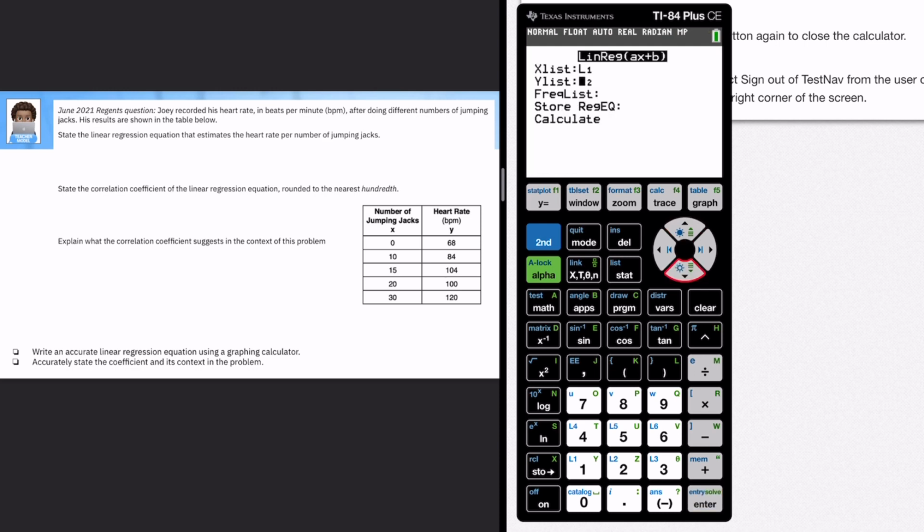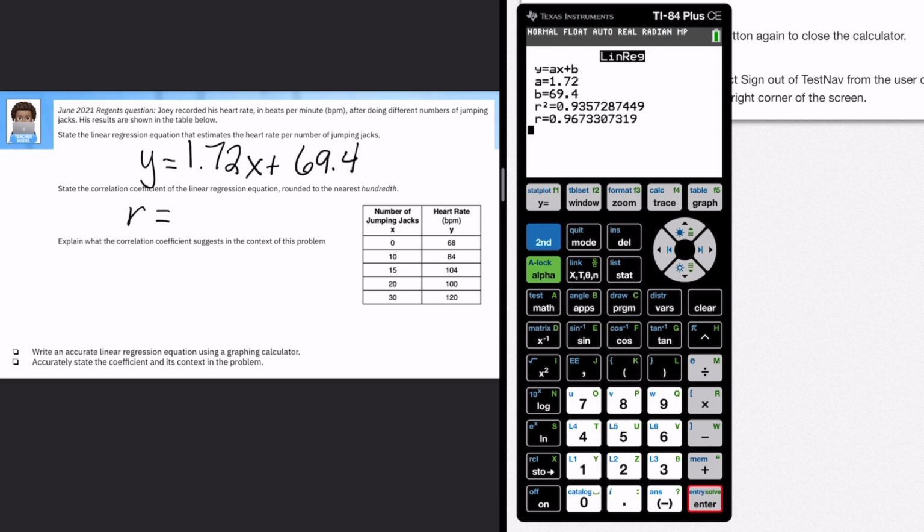I want L1, L2 for Y. Just go down to calculate, and there it is. That's the information I want. So y is equal to 1.72x plus 69.4. My correlation coefficient R is equal to 0.967. I want it to the nearest hundredth, so 0.97. That is very close to 1.